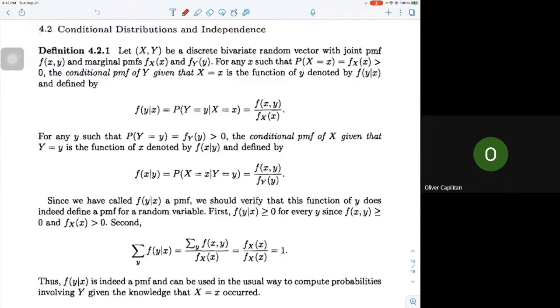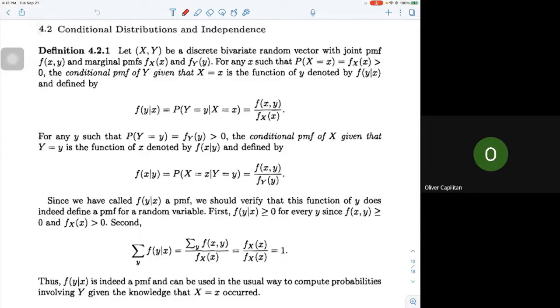X, Y be a discrete bivariate random vector with joint PMF f of x, y, and the marginal PMFs f sub big X and f sub big Y. So for any x such that the probability that our random variable is equal to the realized value small x is equal to small f sub big X evaluated at x, this is an assumption that it's positive.